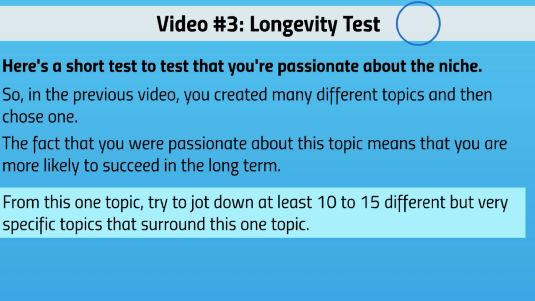So I created 2 out of those. Or let's say, for example, lowering cholesterol. You know, we have dieting, we have exercise, we have cardiovascular exercise, we have aerobic exercise, we have other different options as well. So what we're trying to do is figure out how many topics you can create. So go ahead, do that now, pause the video.